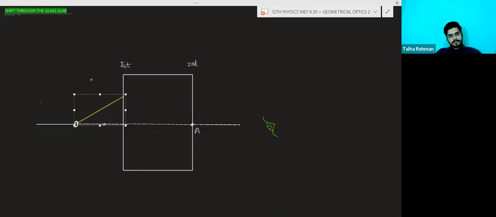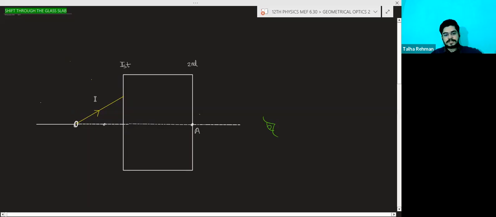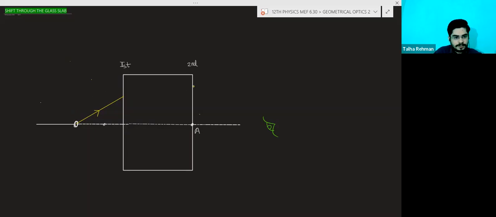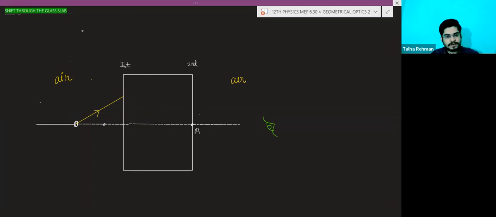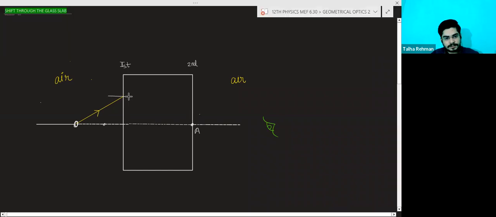Suppose this is the incident ray, and here is air, and here is air also, because around us there is air, and this is a glass slab. This light ray is moving from air to glass, means changing the medium, so bending of light will take place. For that we will draw the normal to the surface, like this.